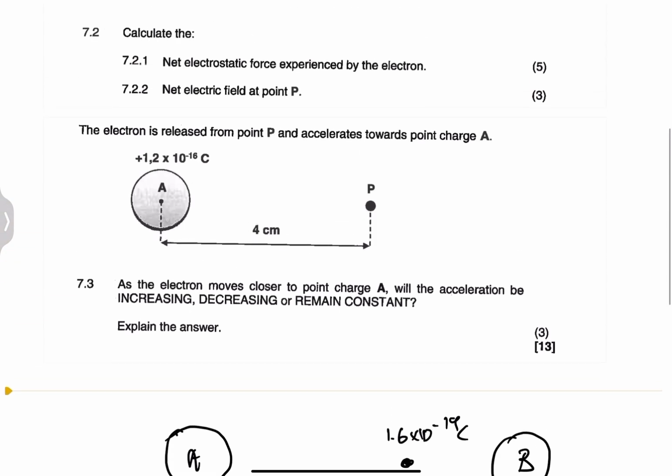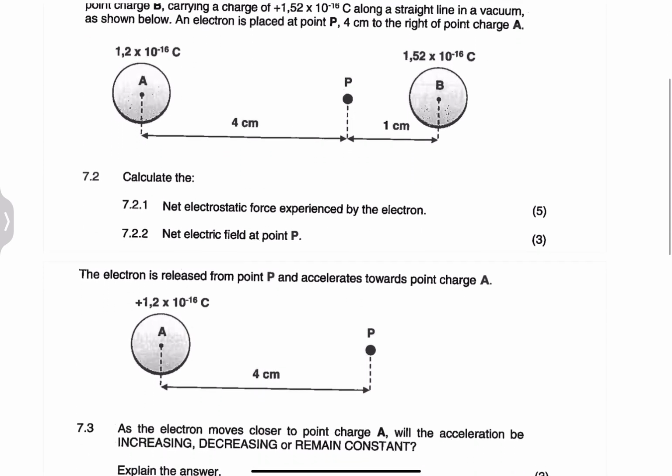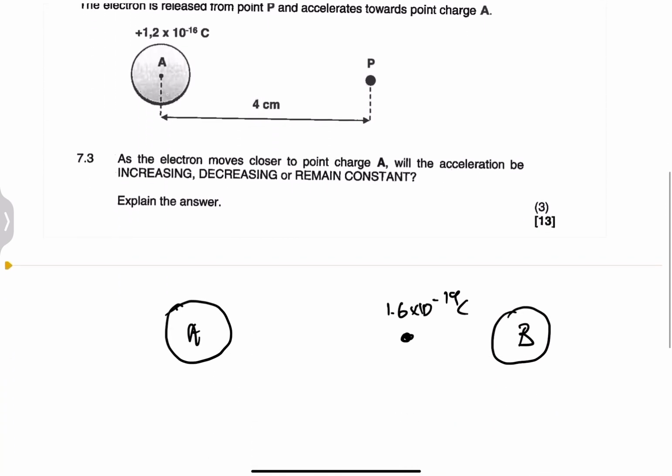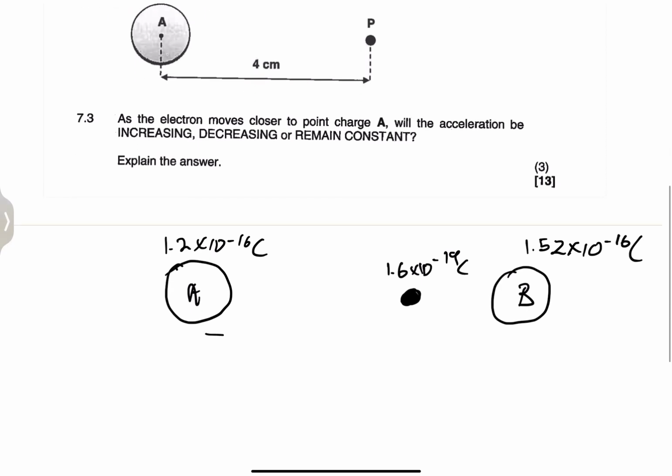And we're given the charges of the two to be 1.2 and 1.52, times 10 negative 16. Now we want the net force in this case. And please remember, it did say this is 4 centimeters here as well as 1 centimeter there.